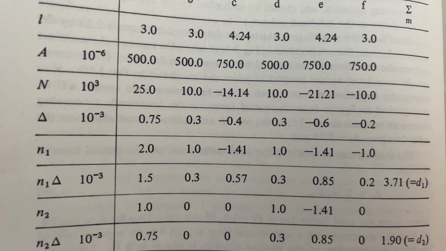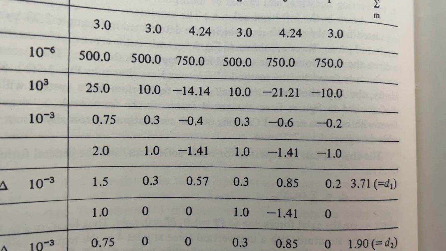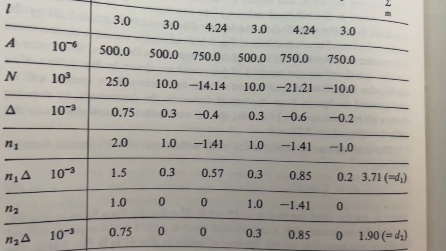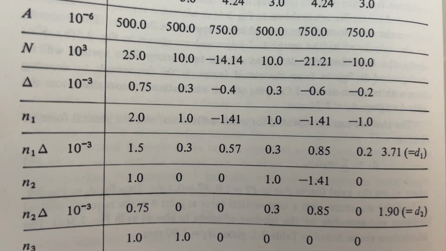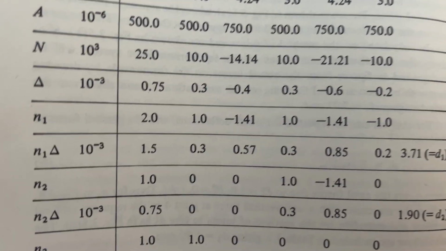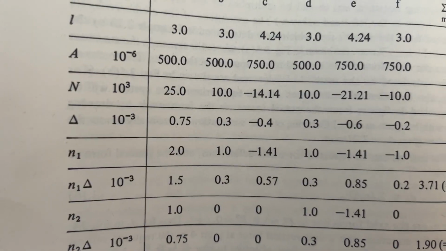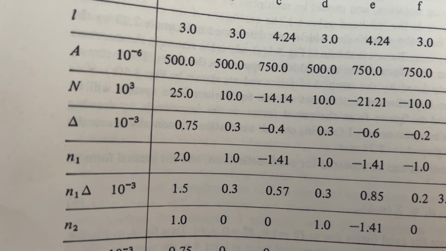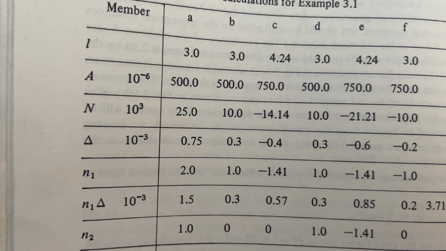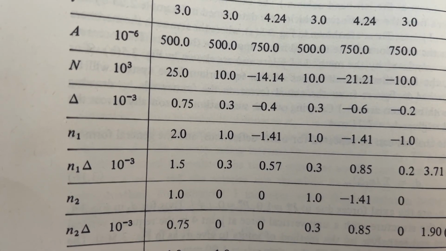N, 10 to the power of 3: 25, 10, minus 14.14, 10, minus 21.21, minus 10. Delta, it doesn't really say on that other thing, but delta equals NL divided by EA. So delta is 0.75.